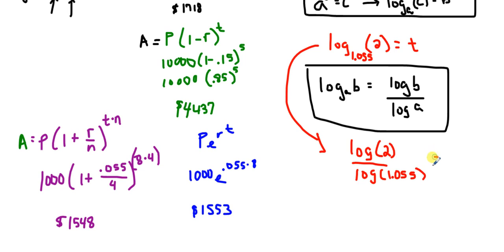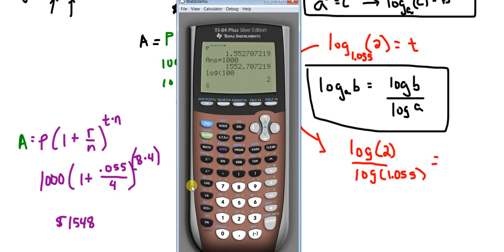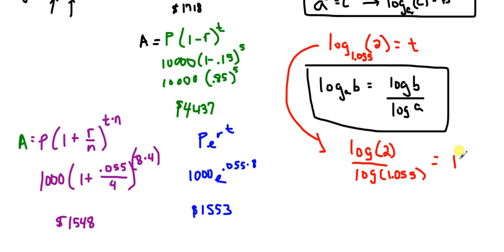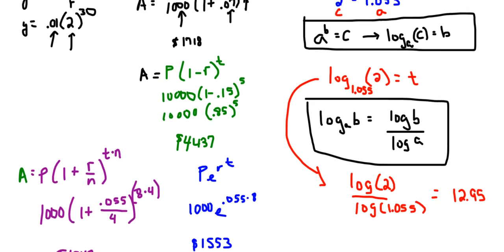And that equals, I'll pull my calculator out, log of 2, close off the parenthesis, divided by log of 1.055. Enter: 12.95 years. 12.95 years for my $1,000 to turn into $2,000.